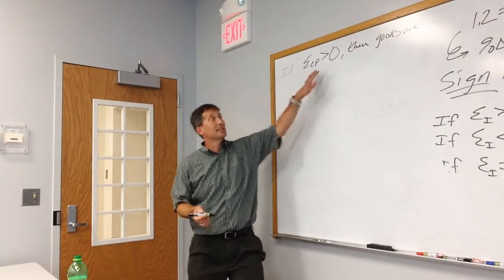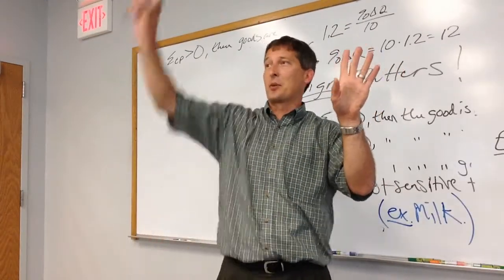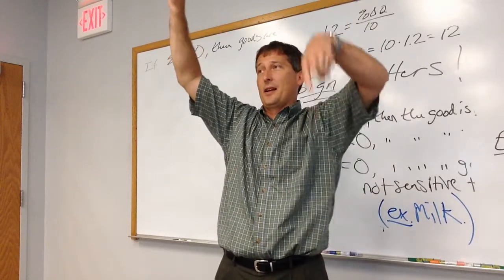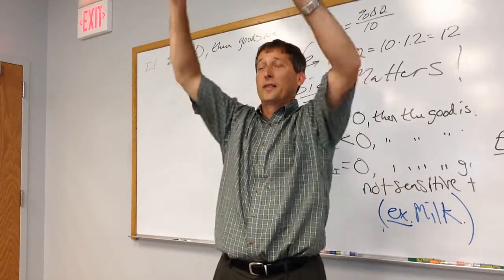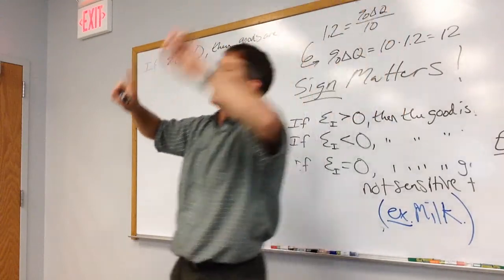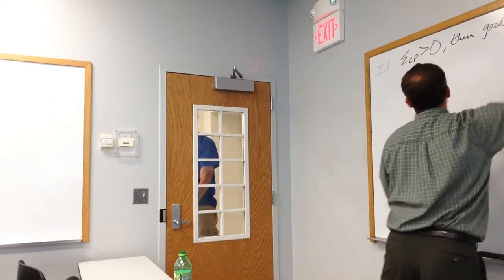If the cross price elasticity is greater than 0, it's a positive sign. Substitutes. The price of one goes up, beer goes up, and I'm buying more of the other good, right? So one gets more expensive, I start buying the other one.